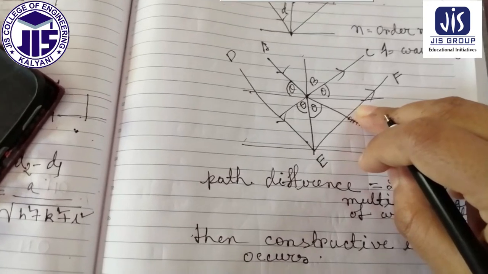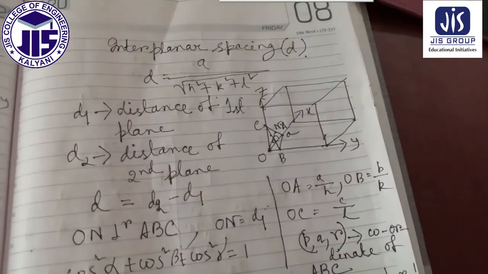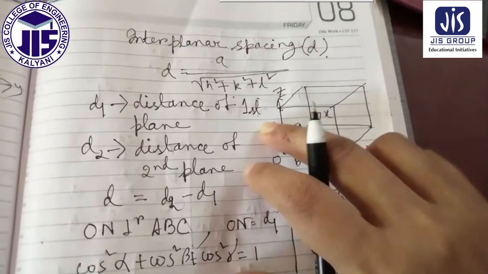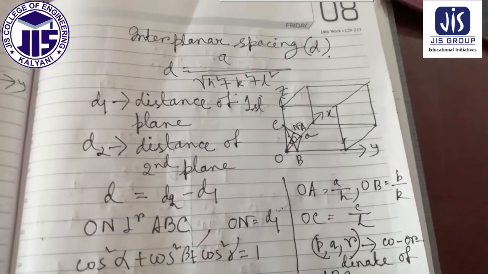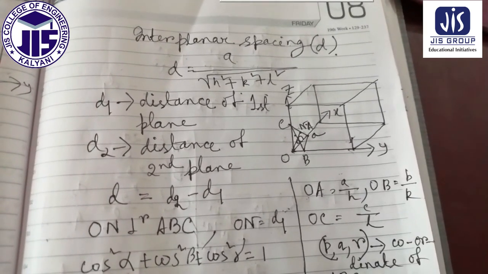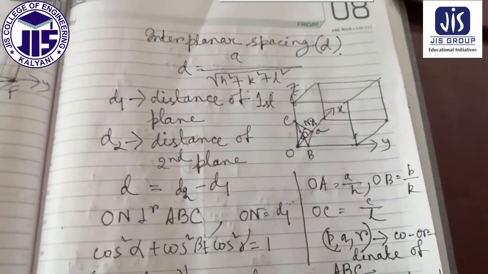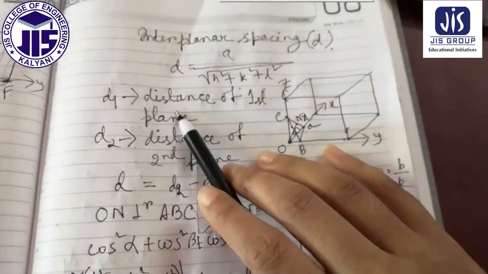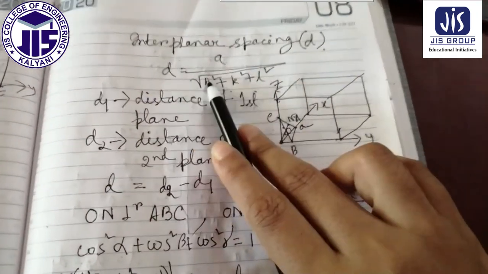Now let me do the summary for today. Here we have first proved the expression of d, that is the interplanar spacing. d equal to a divided by root over of h square plus k square plus l square. Now if you know hkl and a, then you can calculate d.